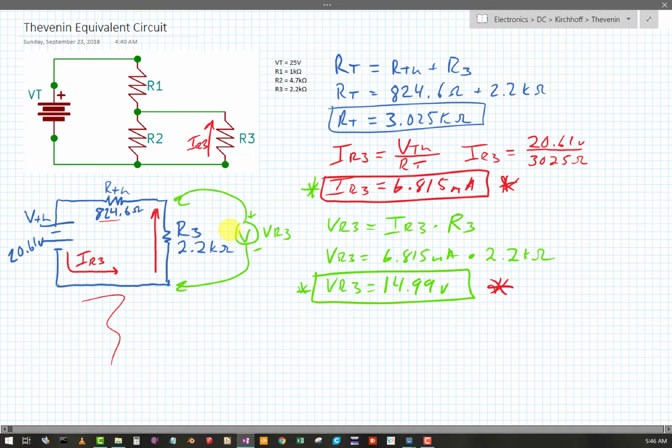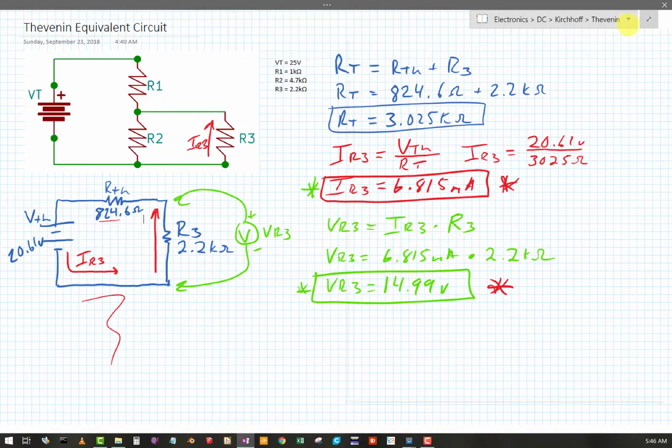So you could do Thevenin's analysis confidently and not solve the original circuit, and know that that target resistor is going to see that voltage and that current in the original circuit. You can calculate this, and then build the original. I'll be darned, it's going to do exactly what Thevenin's analysis shows you.